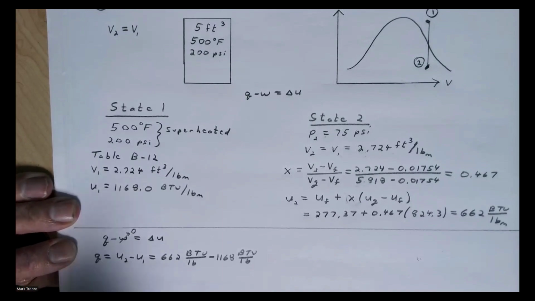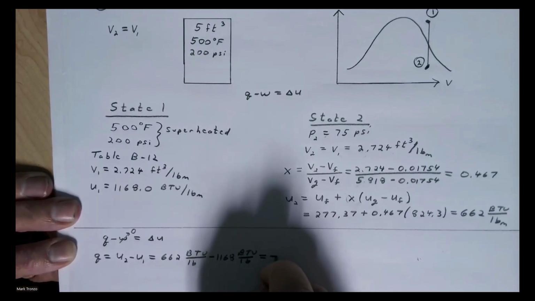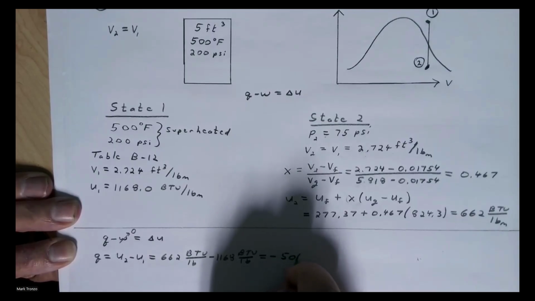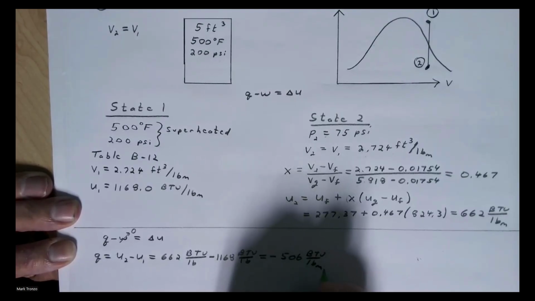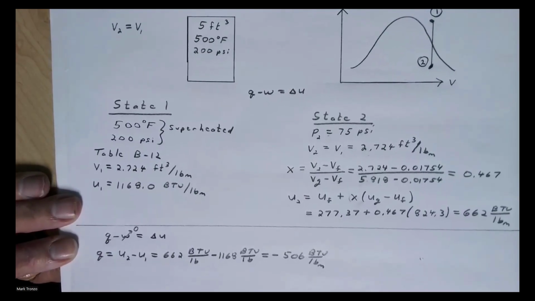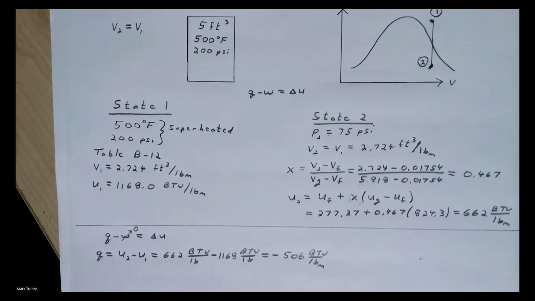And when I calculate that, that was negative 506 BTUs per pound. And that's going to be, again, the heat transfer per pound.